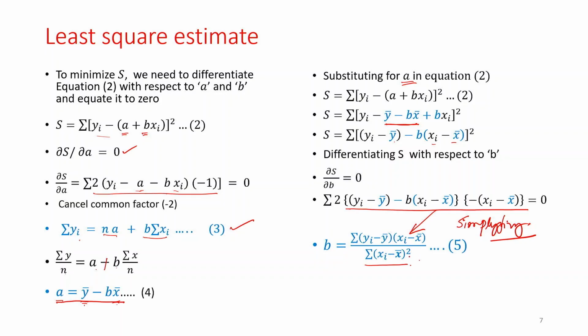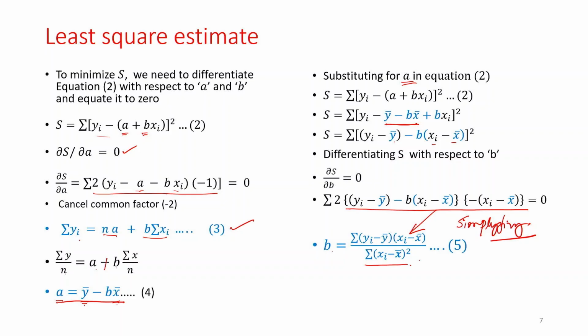And once I know b, I use this b here to find out what is my a. And once a and b are known, the equation of the line will be known. So we are trying to find out the value of a and b by the process known as the least square estimate or least square technique, where we are trying to minimize the square of the deviations from the straight line.